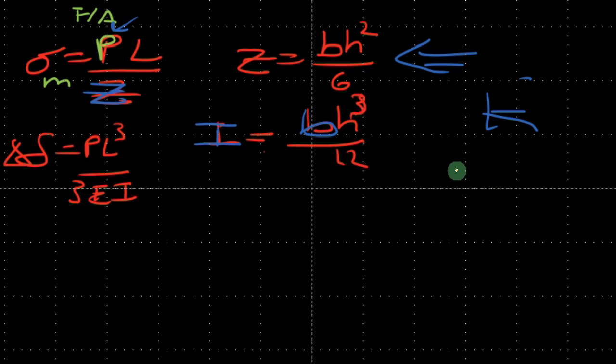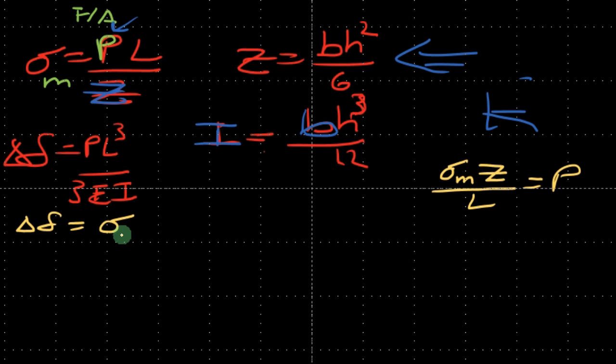So we can write that the stress maximum equals the modulus, or the base modulus, divided by the length, equals the pressure. And therefore we can write the displacement equals the stress maximum, Z, L. Let's write this in, and then we can write P is taken up.